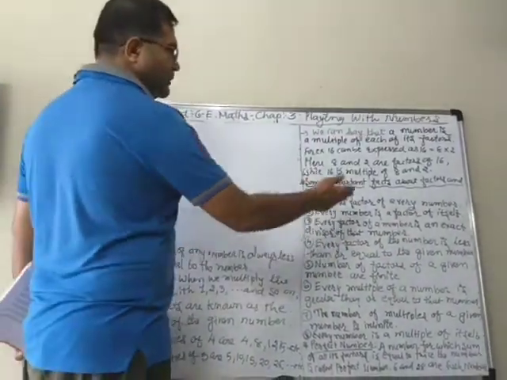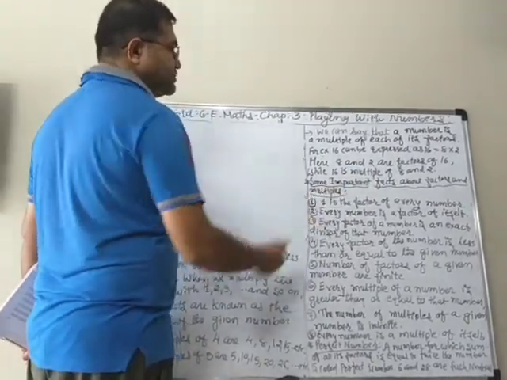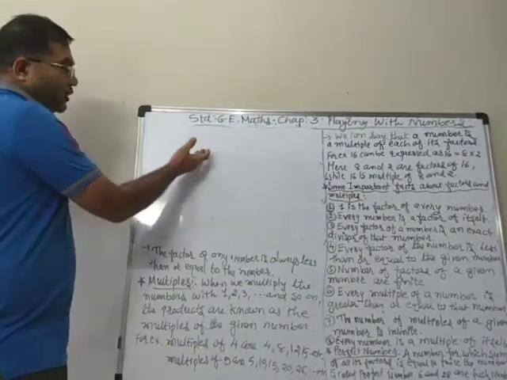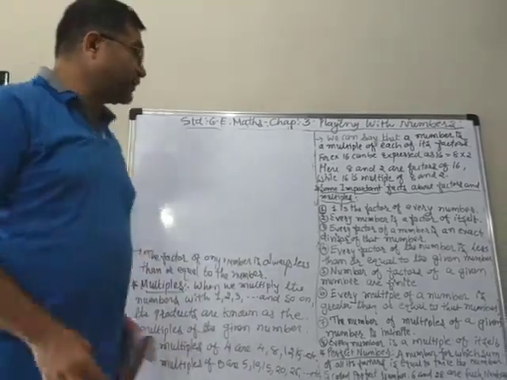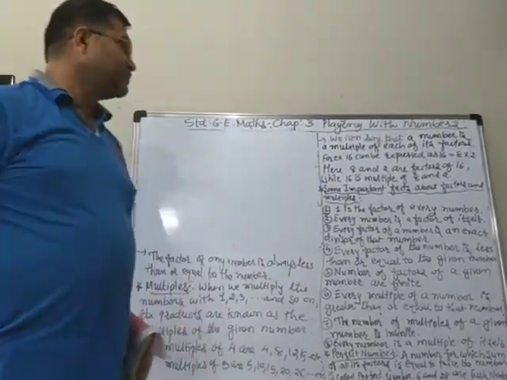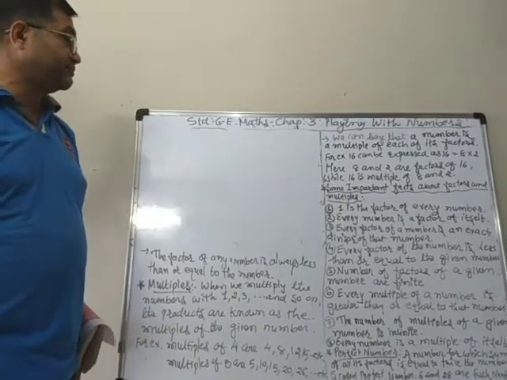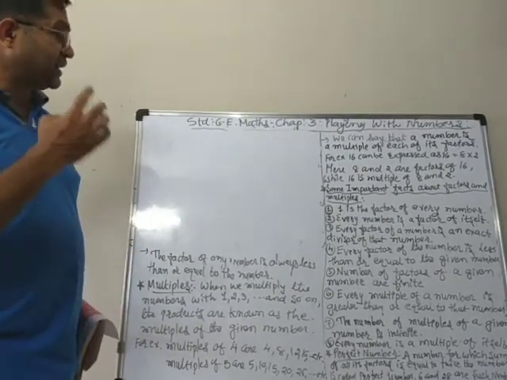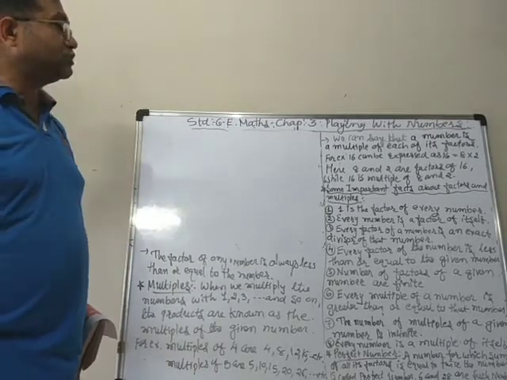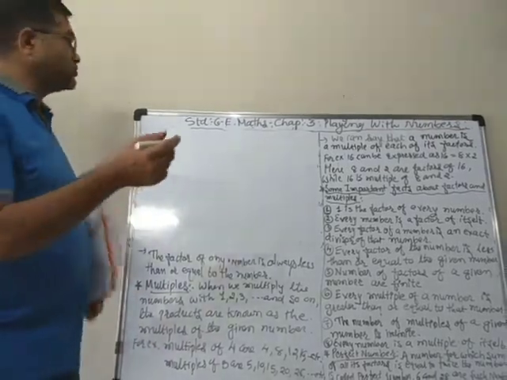Every factor of a number is an exact divisor of that number. We already learned that factors are the perfect, exact divisors of the given number. Then, every factor of a number is less than or equal to the given number. That is also obvious.